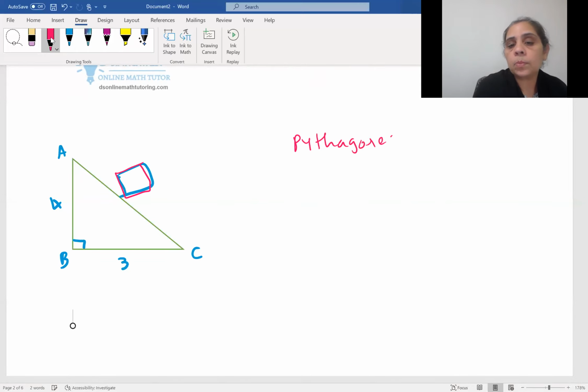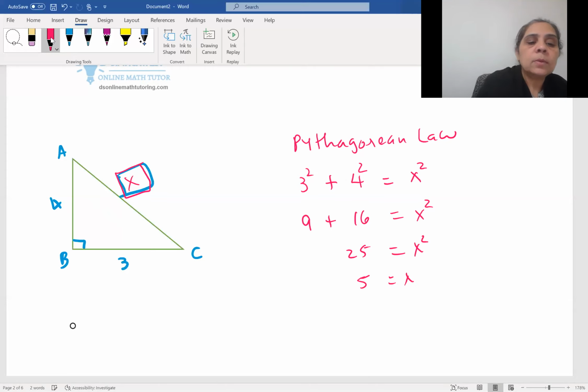One leg is 3, so 3 squared. The second leg is 4, so 4 squared. The unknown we can call x squared. 3 squared is 9, plus 4 squared is 16, so 9 plus 16 is 25, which is x squared. Taking the square root of both sides, x is 5. So we can write 5 here.